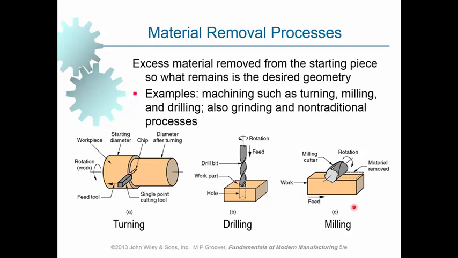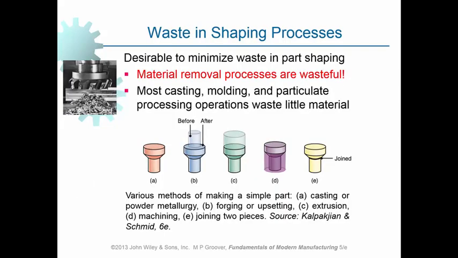In drilling and milling operations, there are multiple cutting edges on the cutting tool. However, in turning there is only a single cutting edge that is taking the cut. We will study all these processes in this unit in detail, and we will do a number of problems on each of these processes.